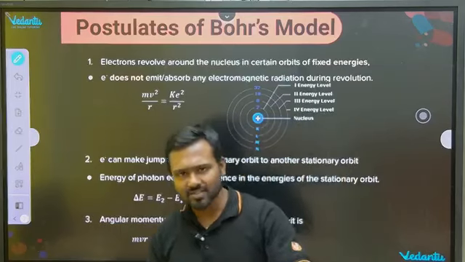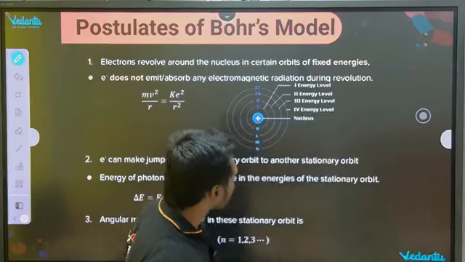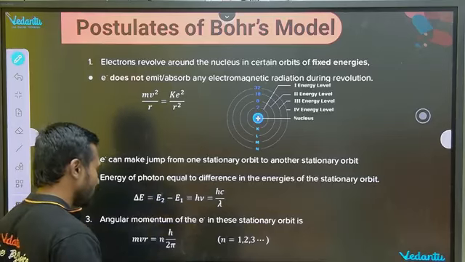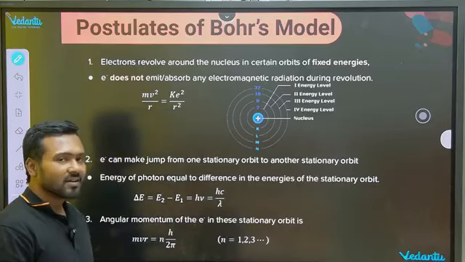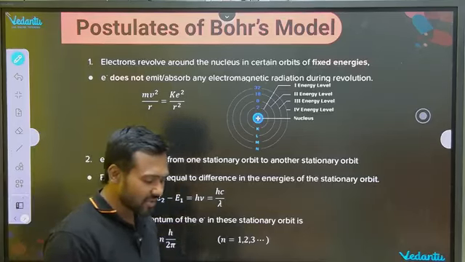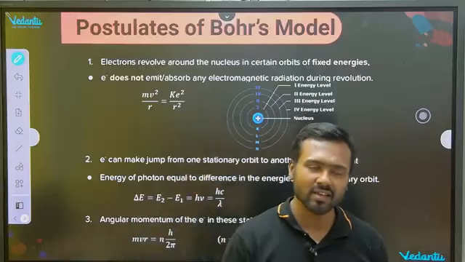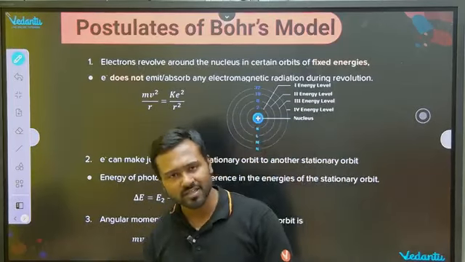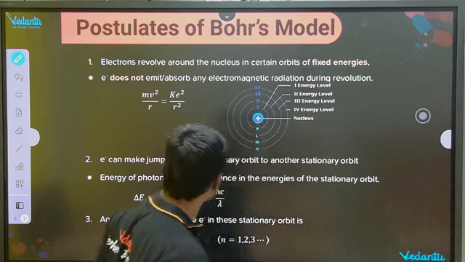These are the postulates of Bohr. From the postulates they are not asking anything. From the derivations, he calculated the energy of the electron and the radius of an orbit, and from those they are asking questions.